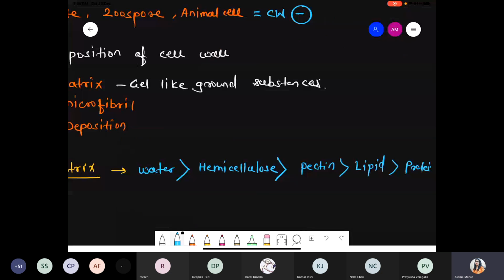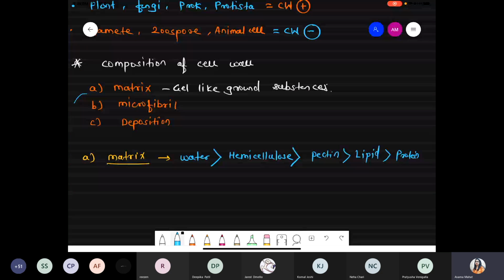We are not taking concentrations. If you read the module, you will get a lot of detail, but no need. First of all, we are talking about the matrix part, and in case of this cell wall composition, these are the major components of the matrix. And out of that, water is present in maximum amount. Okay.